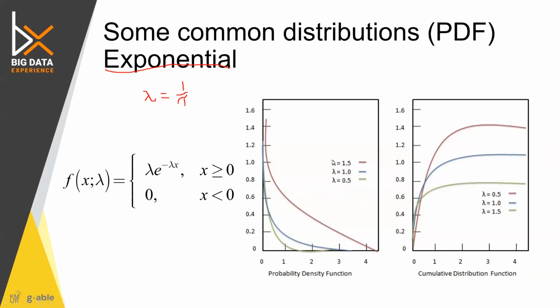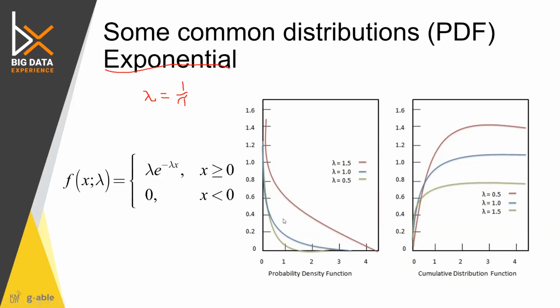The larger lambda is, the faster the value approaches zero. That means the value should be reduced to 0 faster.